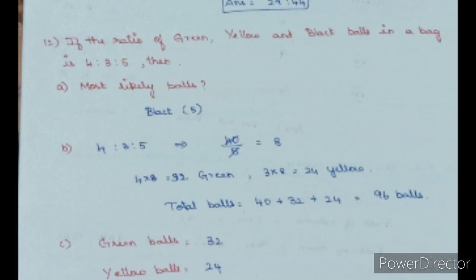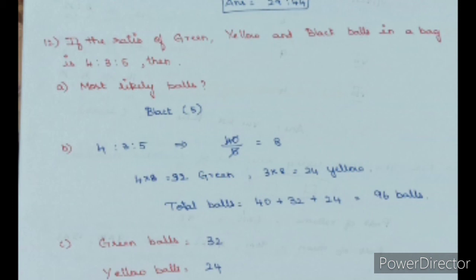See the second question, how many balls in total are there in a bag if you have 40 black balls in it? So total black balls in a bag is 40. First we have to find the ratio of it. 40 by how many black balls in the ratio it is given? 5.